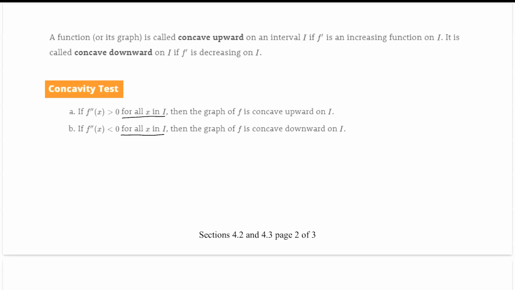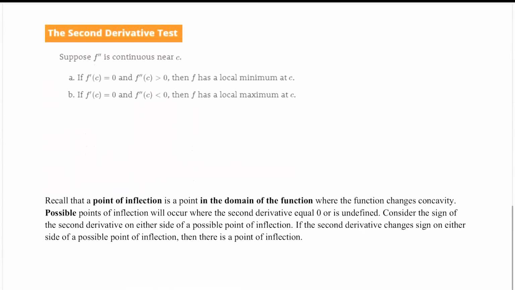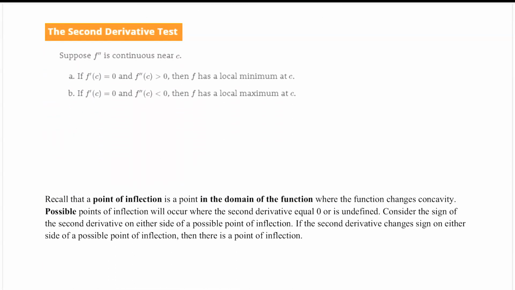If f double prime is positive, then f is concave up. Where f double prime is negative, then f is concave down. Now notice this says for all x in that interval. So in other words, there's a place where potentially the function changes its concavity. It's neither greater than 0 nor less than 0. It's equal to 0. Then that would not be included in the interval of where the graph is concave up or concave down.